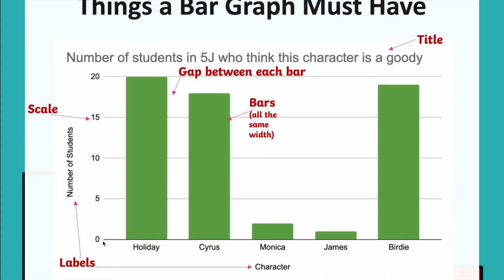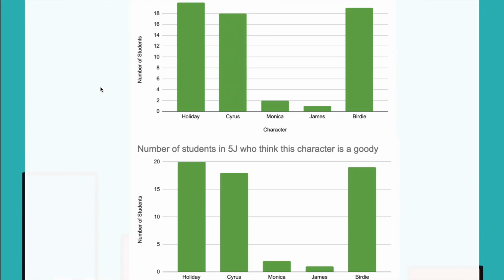I need to have, just like on a ruler or on a protractor, numbers to measure with. So here my scale goes from 0 to 20 because 20 was the number of students that I was surveying, and it goes in increments of 5. Now you'll see this graph, my scale goes in 2s. So you can have scales that go in 5s, in 2s, by 1s even. It's up to you.